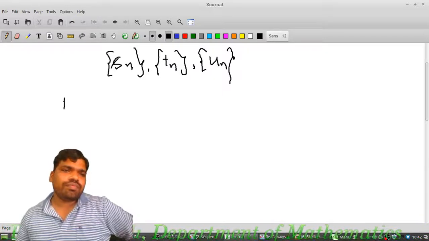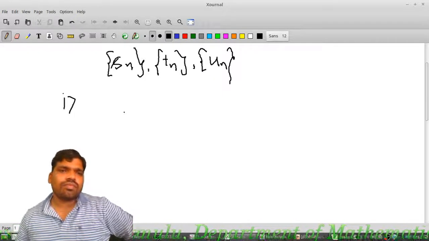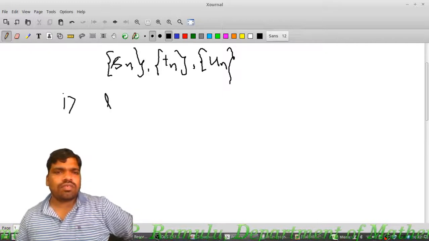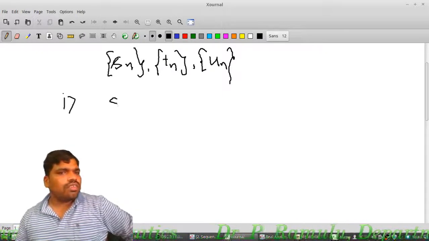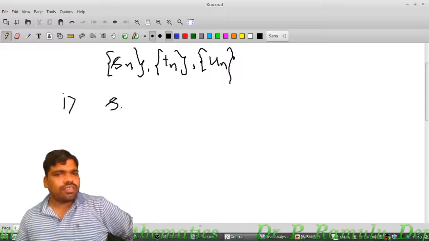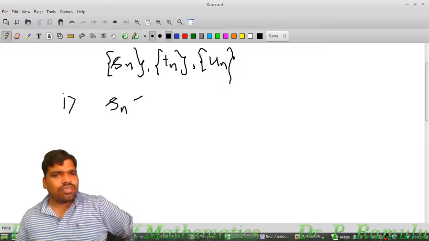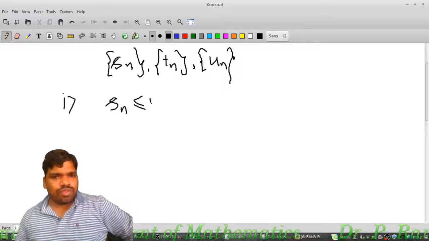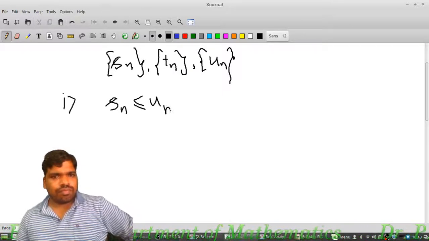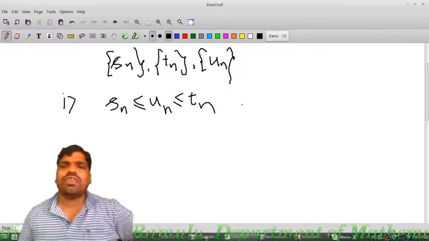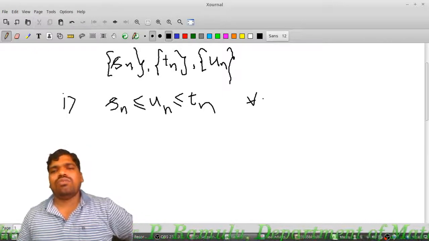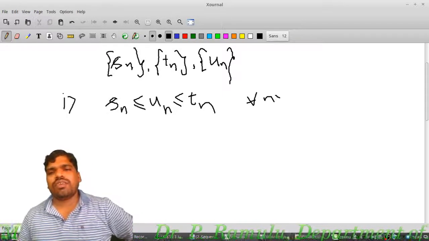First one: Sn is less than or equal to Un, less than or equal to Tn, for n greater than or equal to some m, or n greater than or equal to some k, whatever we get.